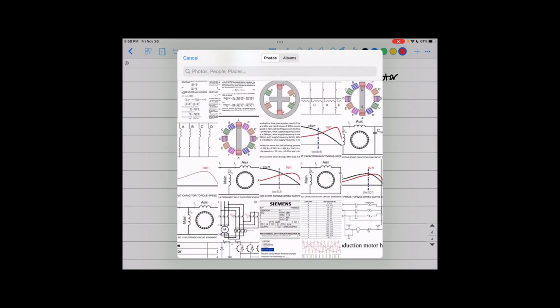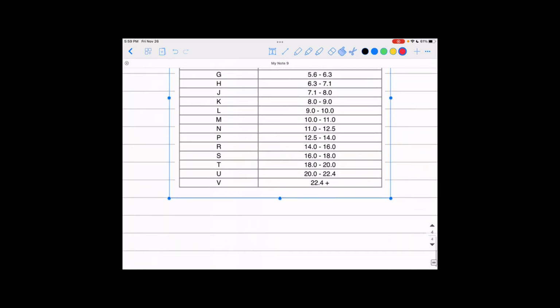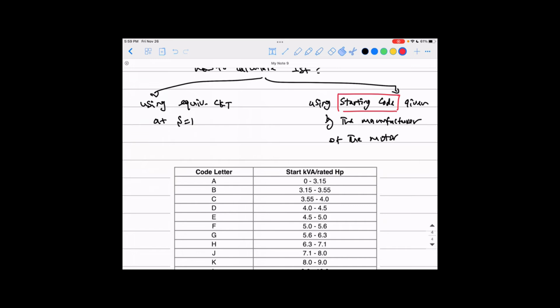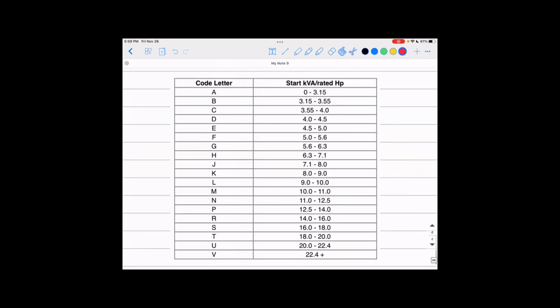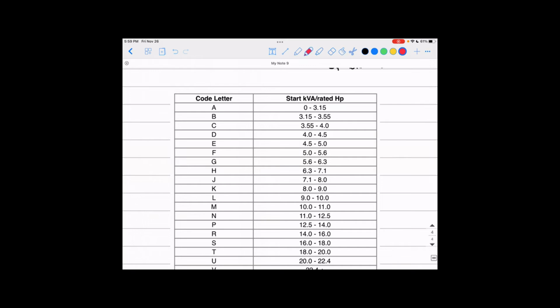There is this table here. Let me grab it for you. Okay, so this is the table. You can use it. There's that code letter, which you'll find, like we said, on the motor's nameplate.